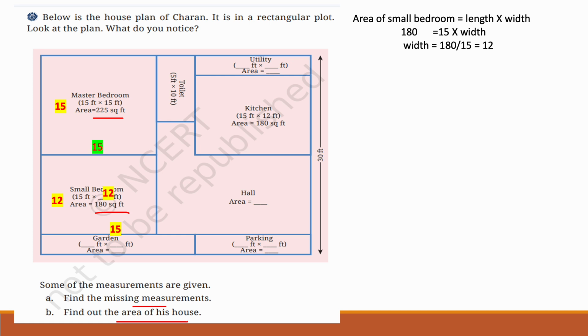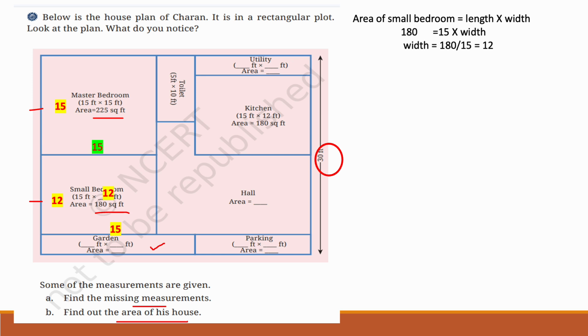See the next one. It is garden. Garden measurements we have to find. See, the total width is 30 feet. Here it is 15. Here it is 12. So, 15 plus 12 is 27.